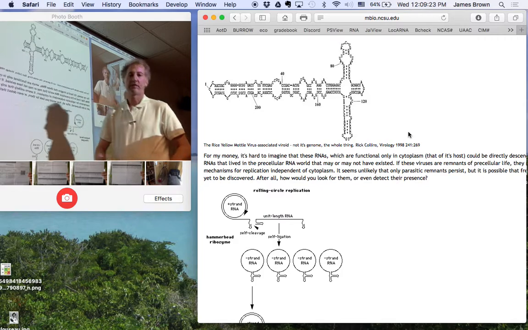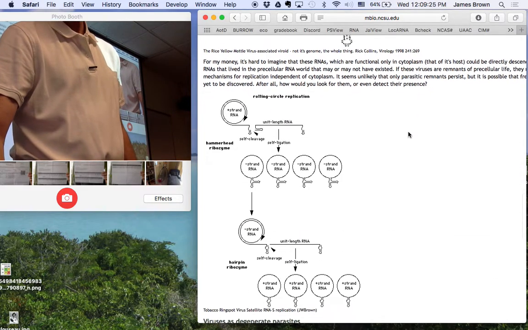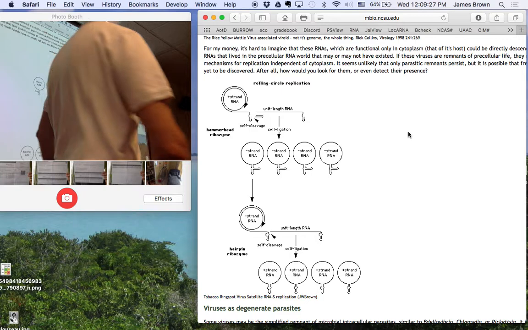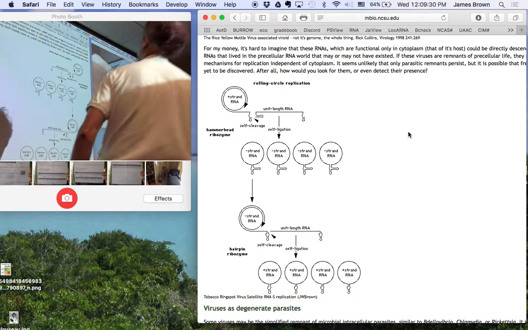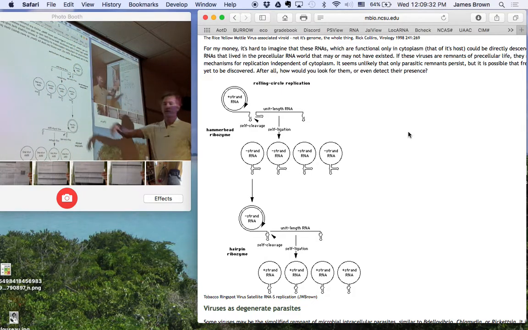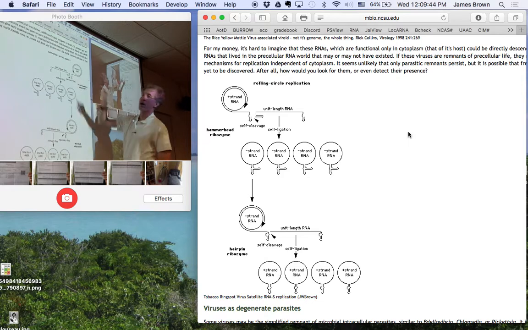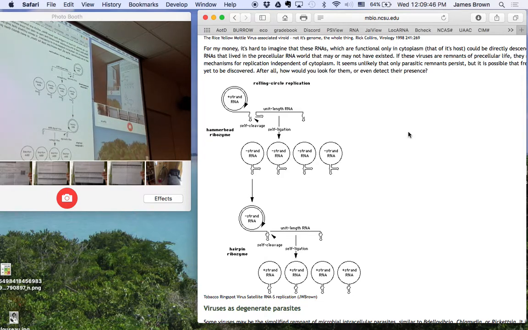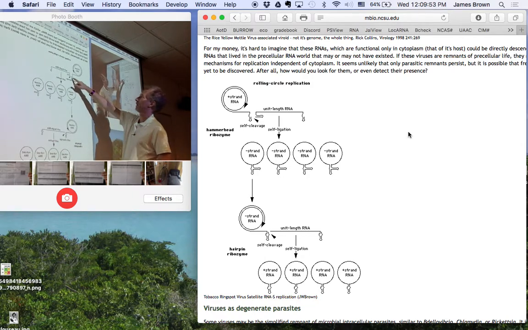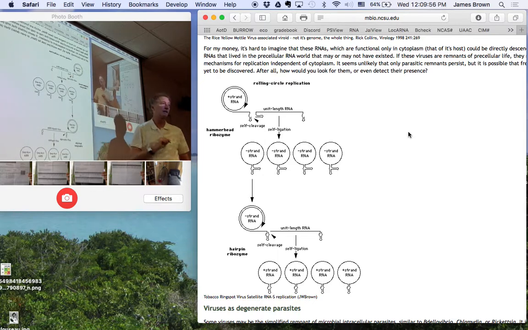Let me give you a couple of examples of these. So here's, I think this is the Delta virus, but it's common. So a lot of these things are RNAs that go back and forth between plus and minus strand, right? And so if you've got a positive strand RNA virus, it goes through rolling circle transcription, and you've got a catalytic RNA encoded on that in that sequence. Pretty often, that negative strand has a so-called hammerhead ribozyme on it. Binds magnesium, and it's self-cleaving.